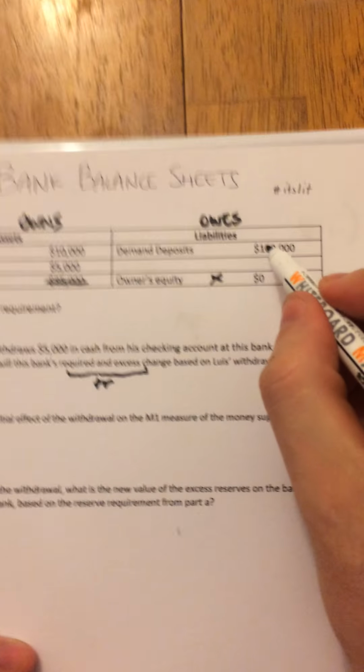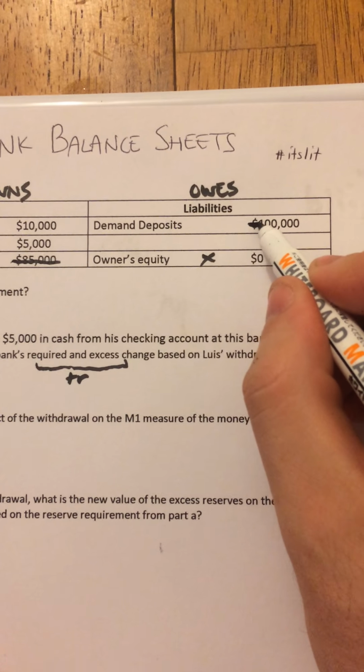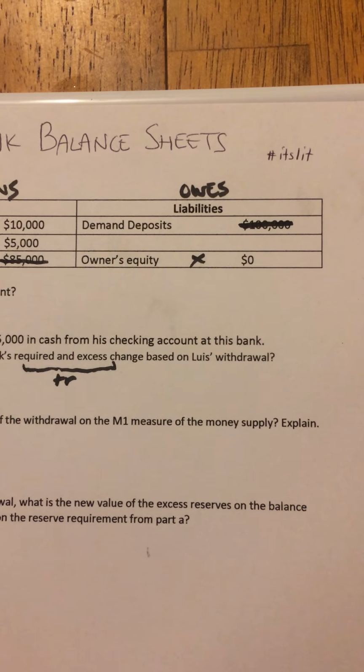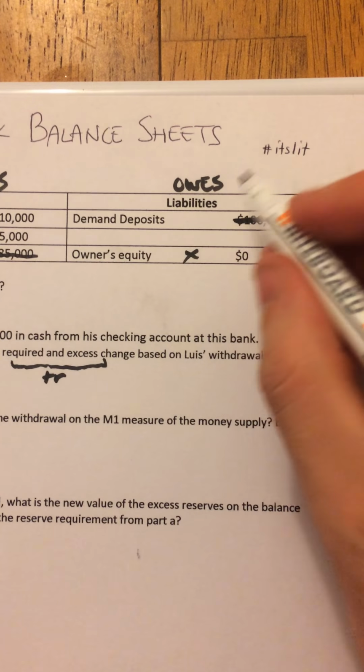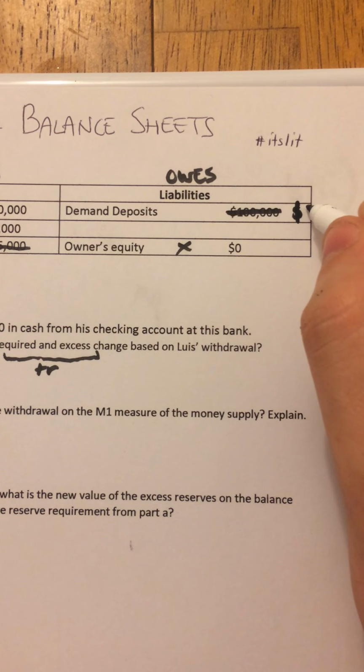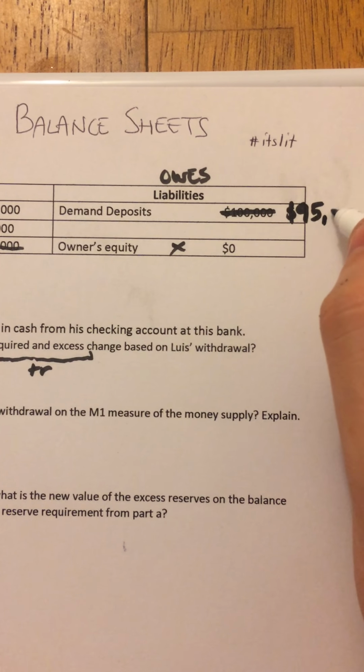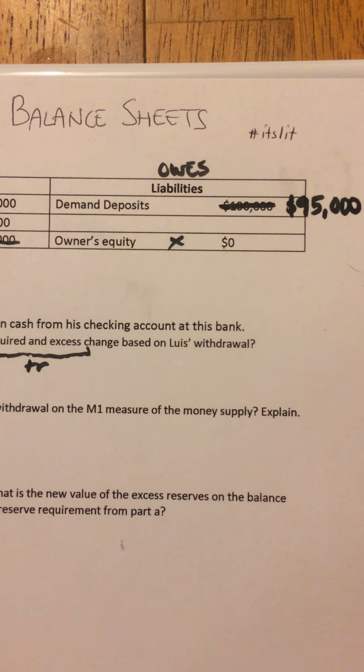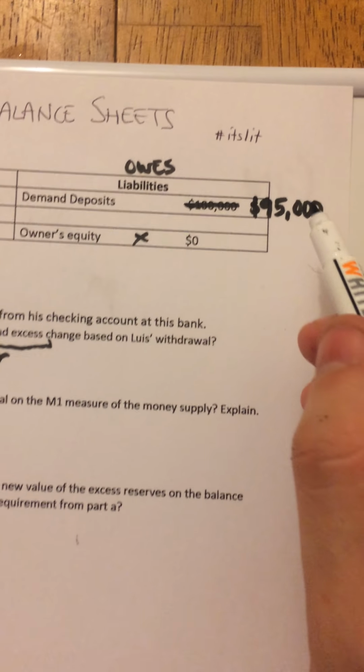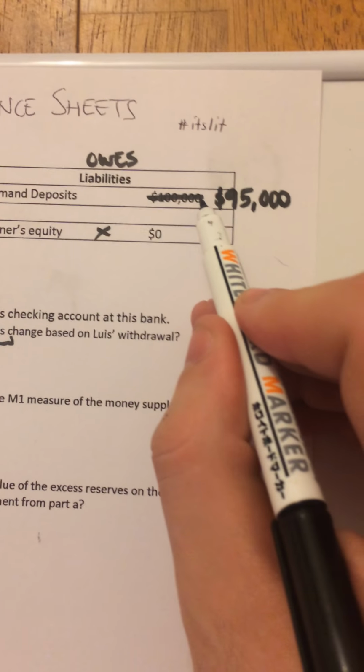So actually what I'm going to do is focus on the piece of paper here. Luis came in and took out $5,000. That means instead of there being $100,000 in liability, there is now $95,000. Because he took $5,000 of his own money, the bank is no longer on the hook for that.